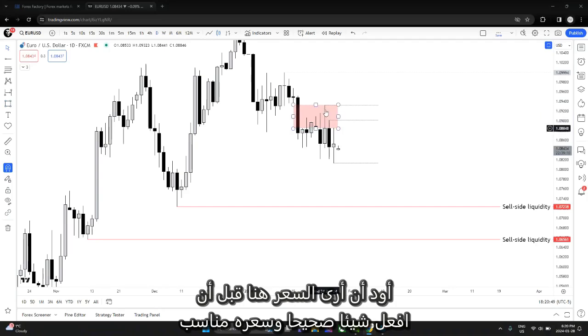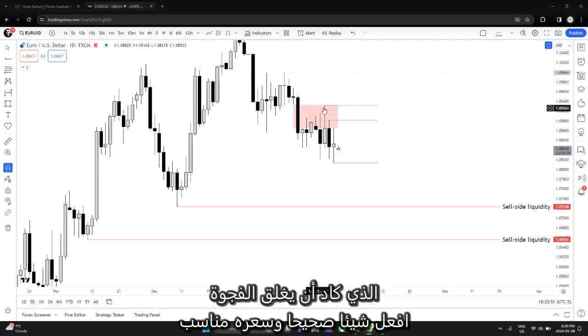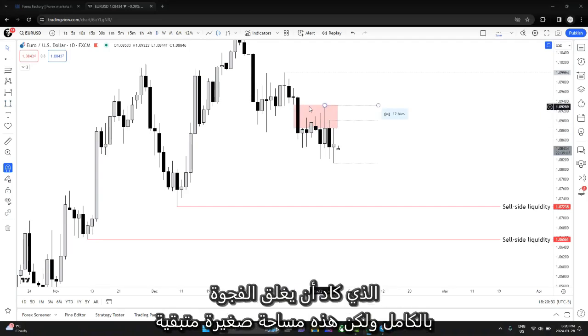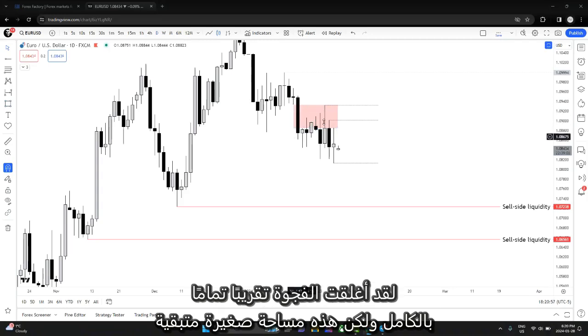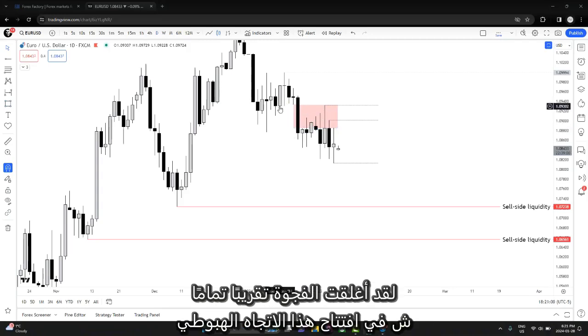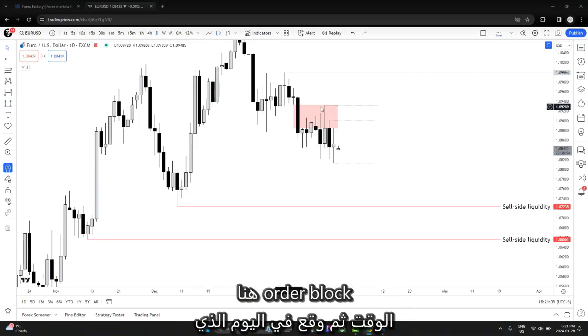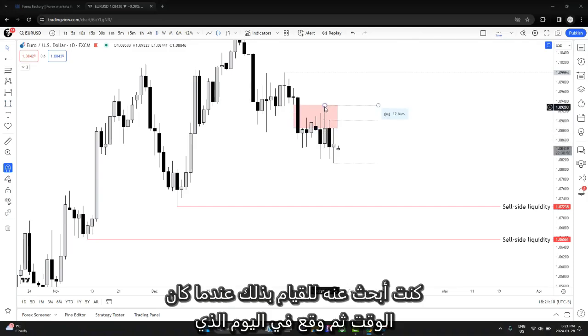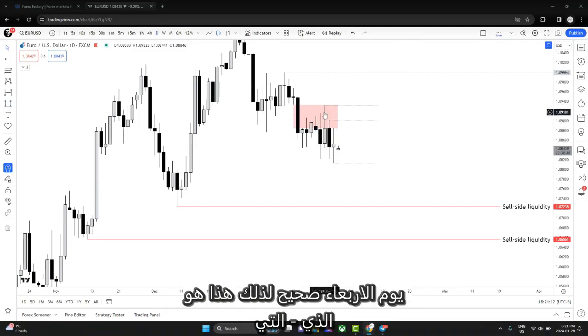And price did that. Almost closed the gap completely, but there's a small space left, straight into the opening of this bearish order block right here, if we draw it over in time. And then it fell on the day that I was looking for it to do so. When was that? Wednesday, right?